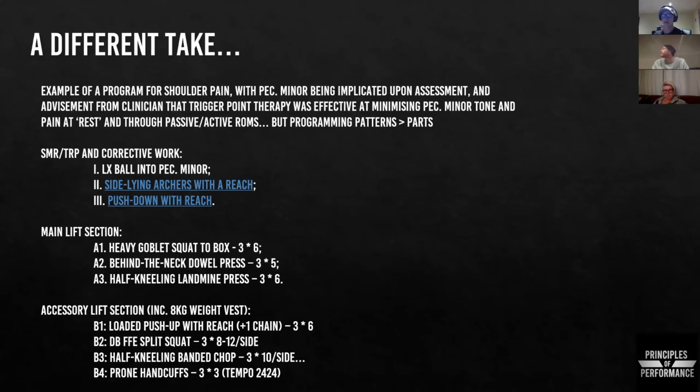So now the thorax is becoming dynamically stable with both shoulder girdles as the hips express static stability. And if somebody has a limitation in hip extension, then you'll find it in an exercise like a banded chop, because when they run out of range through their thorax, it's typically because they've run out of range through their hips.